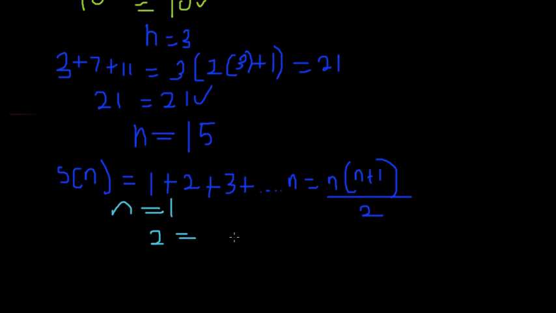Let's pick n equals 1, and then it means that we are picking only 1. So we have 1 equals this expression, where we replace n with 1. So we have 1 open bracket 1 plus 1, divided by 2.